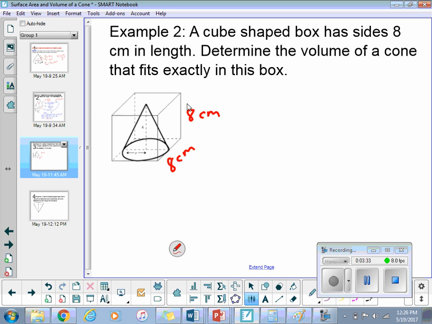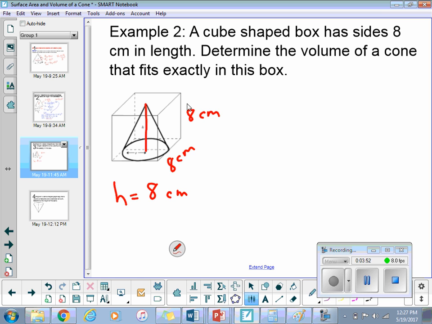So given that the cube is 8 and you're told that the cone has to fit exactly inside of this cube, that tells you that the height of the cone is going to be 8.